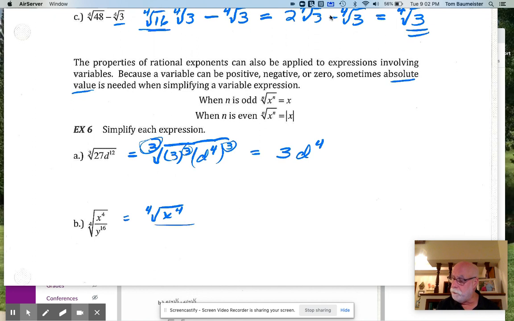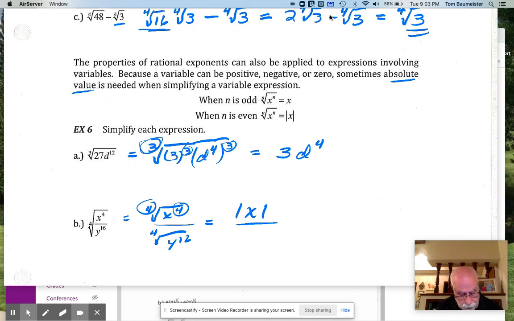And on the bottom, I can take y and write it as y to the 16th now. But what you should realize is that on this one here, on the top, I have a 4 there and I have a 4 there. Since they're both even, that one there, I would have to put the absolute value of x.